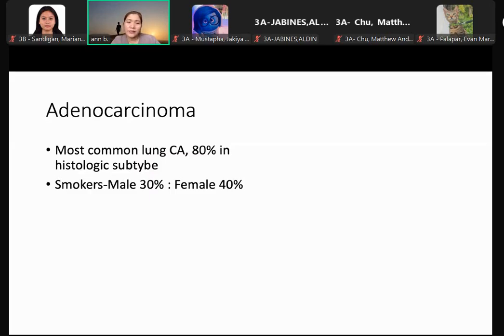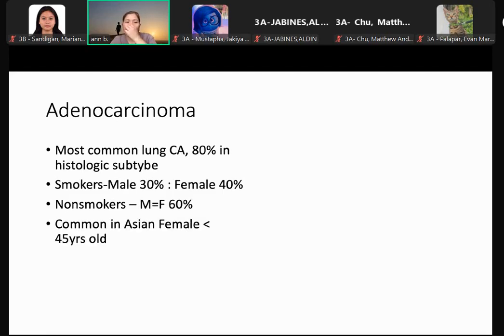If you say female, most of the females are non-smokers. But here in the book, among smokers, female is more affected. Among non-smokers, it is equally prevalent in male and female. But in the Philippines, most of the females that are affected are just passive smokers.